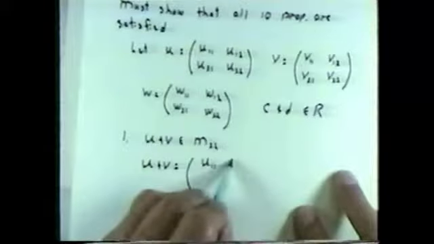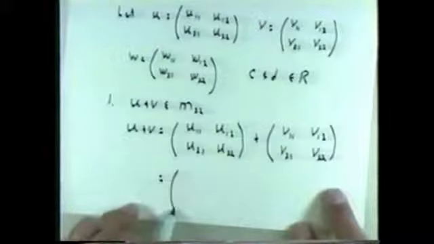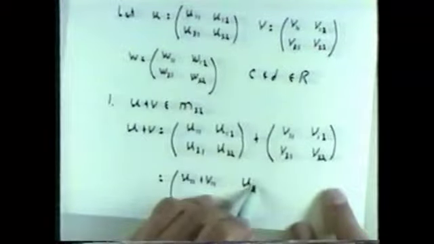Well, u plus v is going to be the matrix U11, U12, U21, U22, plus the matrix V11, V12, V21, V22, which by matrix addition is U11 plus V11, U12 plus V12, U21 plus V21, U22 plus V22, which is a 2 by 2 matrix.